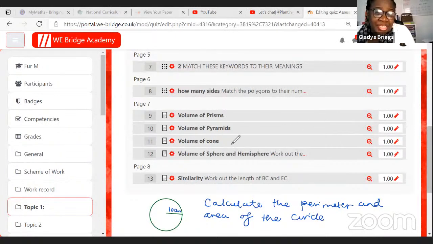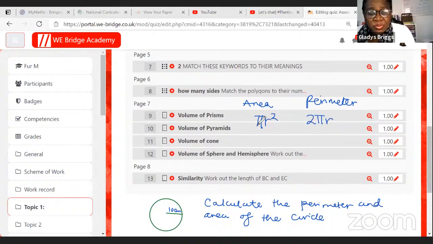You know that area is equal to pi r squared. This is the area. And perimeter of a circle is equal to 2 pi r. So you're just going to go into your calculator and apply these formulas to get the answer.